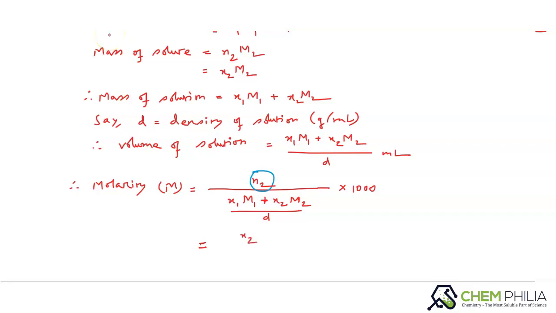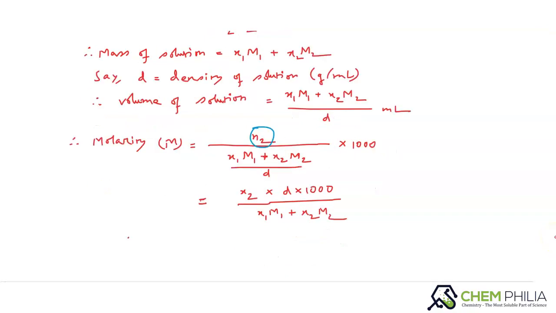So it's x2 into D into 1000 divided by x1 m1 plus x2 m2. Clear?